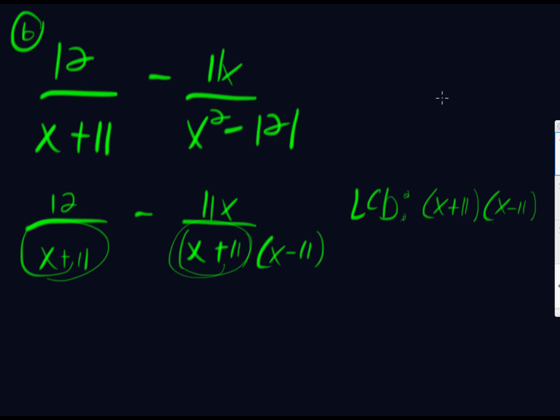So now I want to write both expressions so that they both have a denominator of x plus 11 and x minus 11. This first one has a denominator of x plus 11 already, so all I need to do is multiply it by x minus 11 in the top and in the bottom.